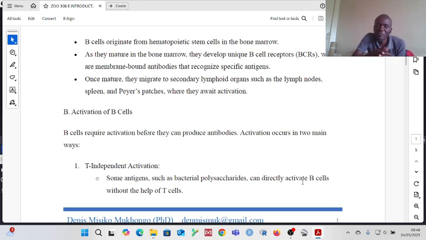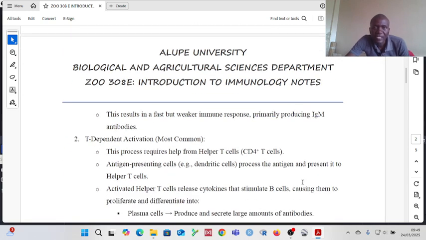This type of activation is called T-independent activation. So there are some antigens like bacterial polysaccharides which can directly activate B cells without the help of T cells. So if a B cell is activated without the help of T cells, then that is a T-independent activation.